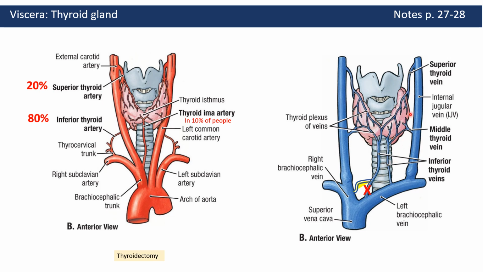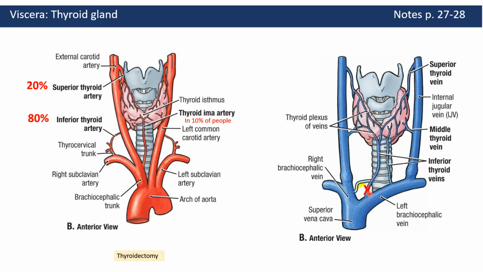The venous supply is through the superior thyroid veins, which is from the internal jugular vein, the middle thyroid vein shown here, and notice the deviation of the pattern that you have in your notebook.